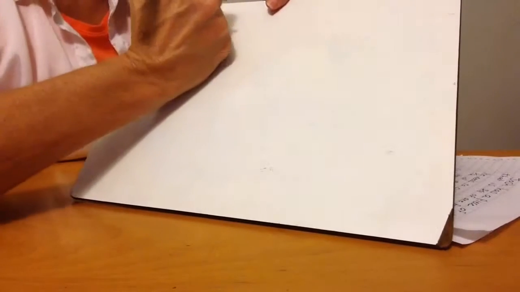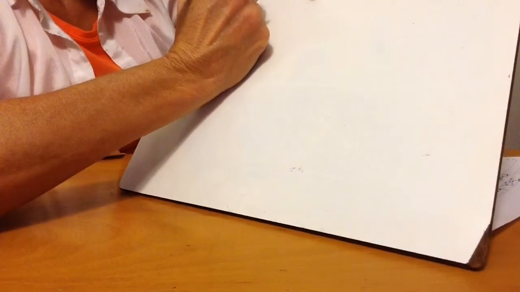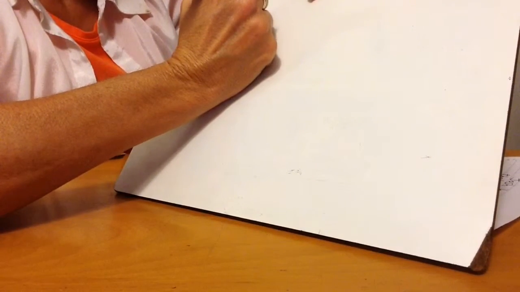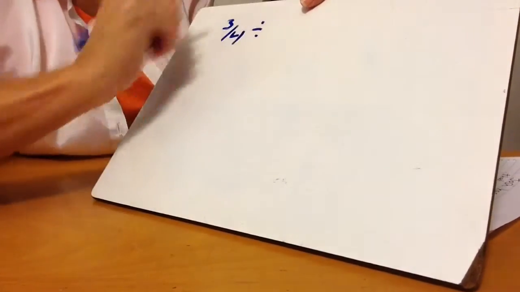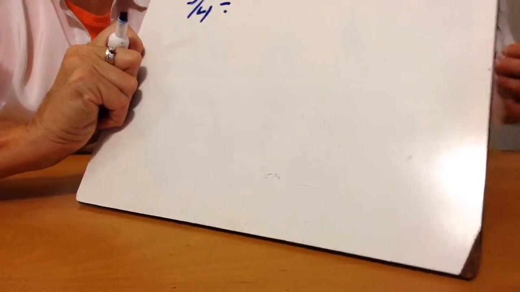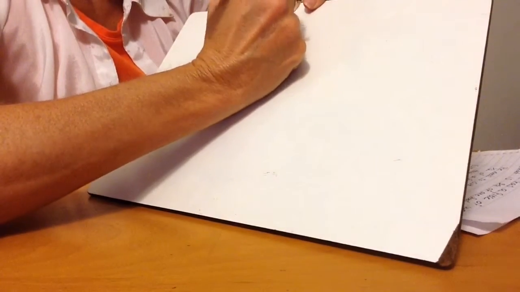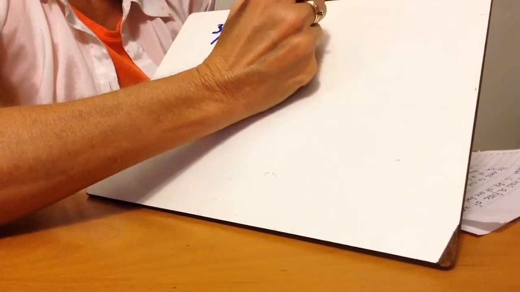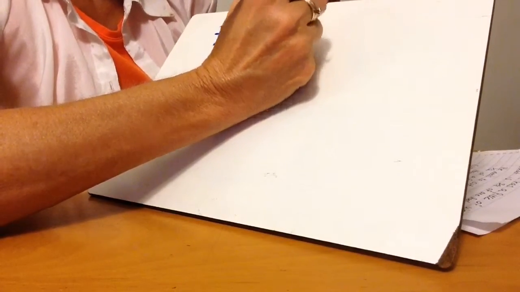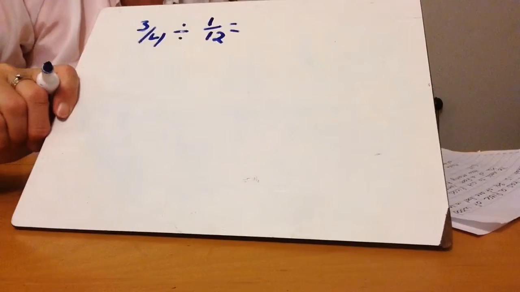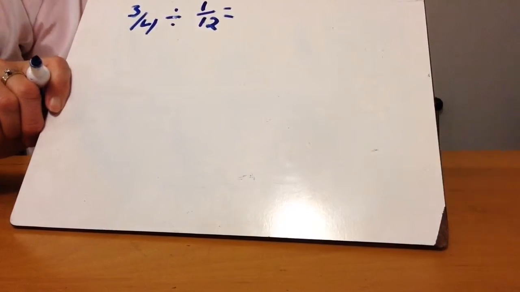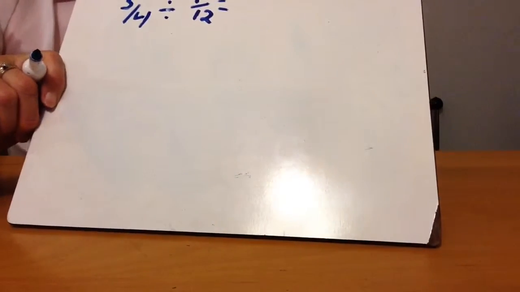So we're going to take 3/4 and divide that by 1/12. What does that equal? So first we're going to start with a linear way of finding this out.